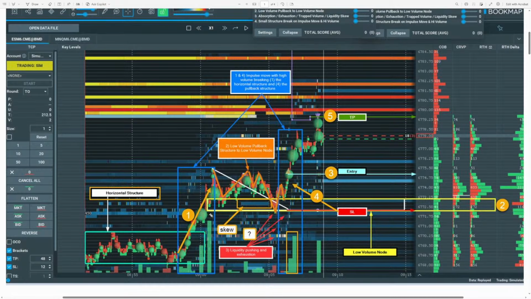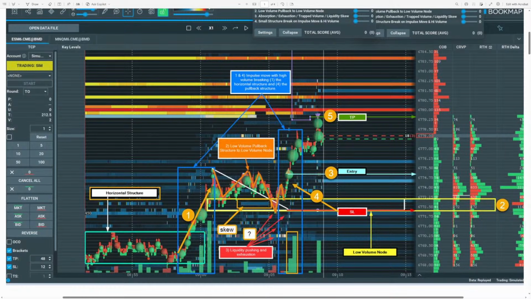Then he comes back down into the low volume node. I added a note there that saw the skew. What I didn't understand, and I put a question mark on, was what you meant by liquidity pushing and exhaustion. I'm not sure what that meant. But yes, you saw the volume come into the market with the volume bars and your entry. So I think everything was great.